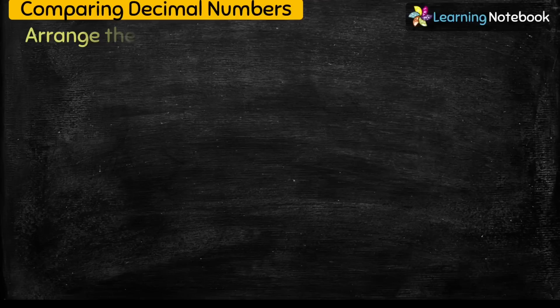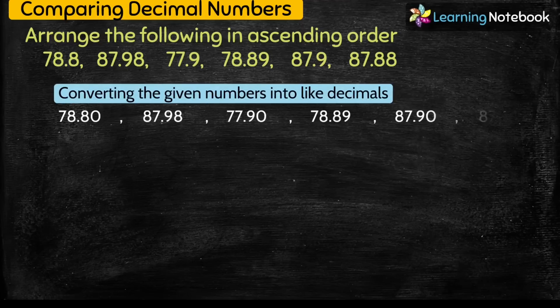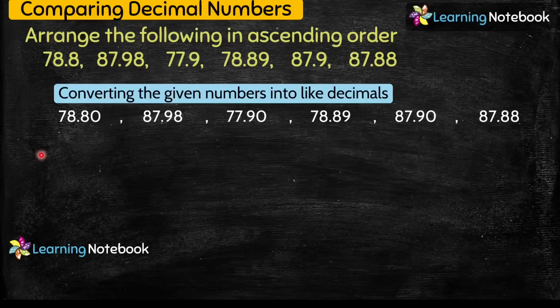Now let's see the next question. Arrange the following in ascending order. Students, we have to arrange the given decimal numbers in ascending order. So first, let's convert all of them into like decimals of 2 decimal places. In the next step, we will compare their whole number part.